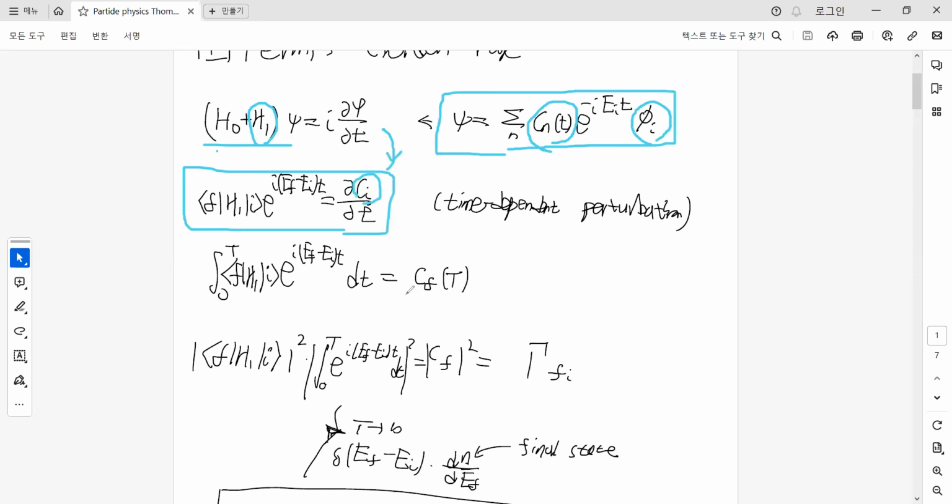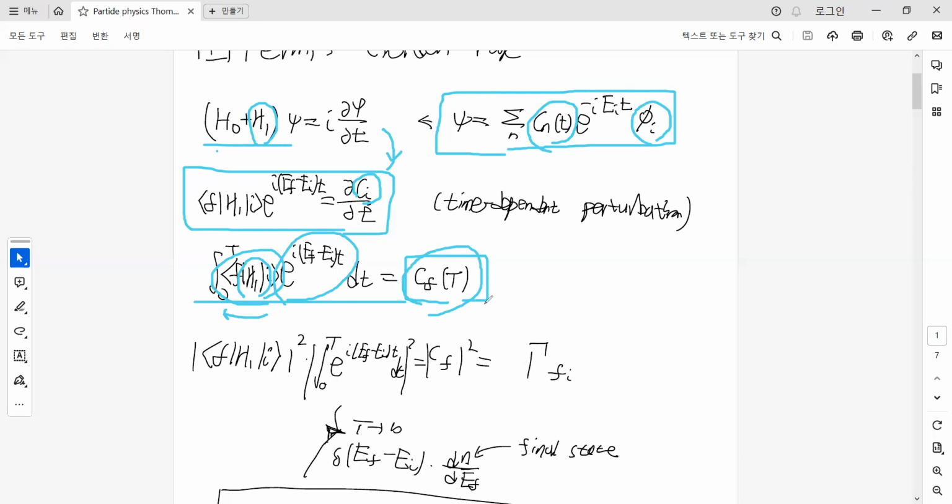The solution of such a time-dependent coefficient is given as some evolution factors with the energy phase and the transition amplitude, which is acting through the initial state and going to the final state with the interaction perturbing Hamiltonian. And the probability is just the square of such a time-dependent coefficient.